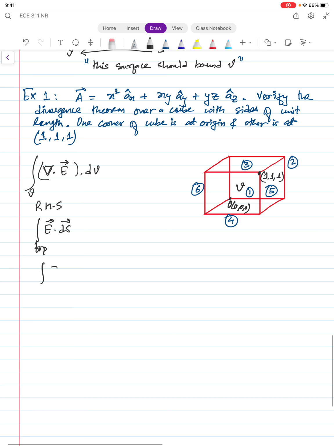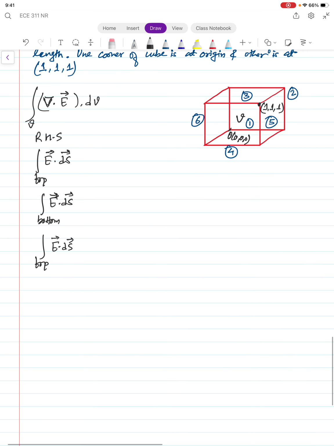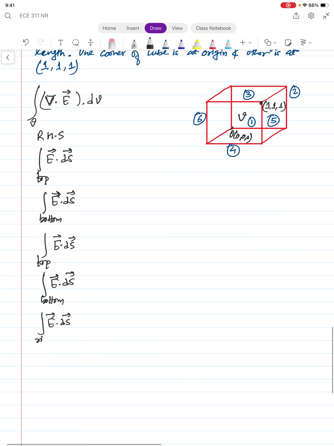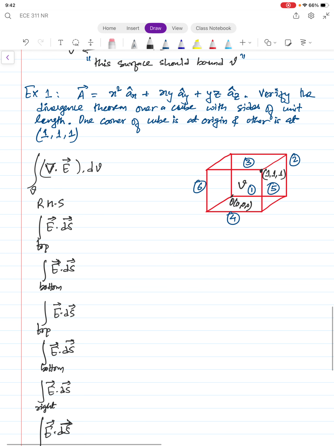You have to calculate again E dot ds for the bottom face, and E dot ds for the top face, again E dot ds for the bottom, E dot ds for the right, and finally E dot ds for the left, and your final E dot ds will be the sum of these 6 faces.